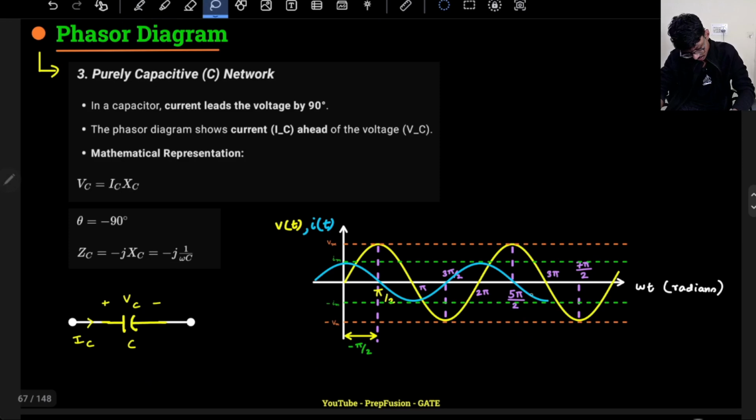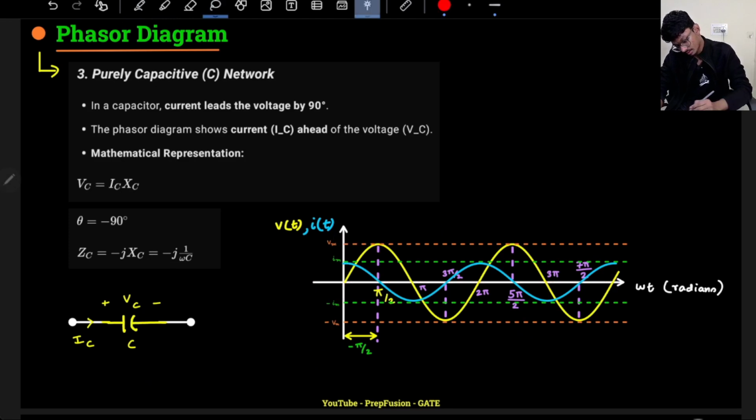So here we have to change the waveform a bit. This time this is my current waveform and this is my voltage waveform. So voltage is attaining its peak here, but current has attained its peak earlier, so current will lead.